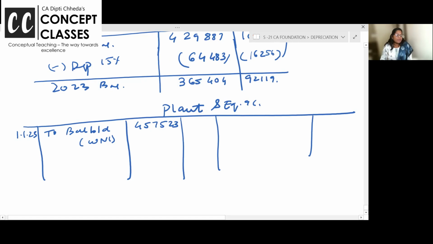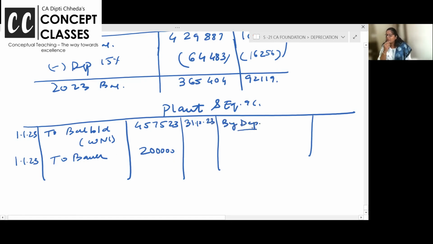Now this year one more asset is purchased, on 1st January 23, to bank 2 lakh. Now you have to charge depreciation on 31/12/23.